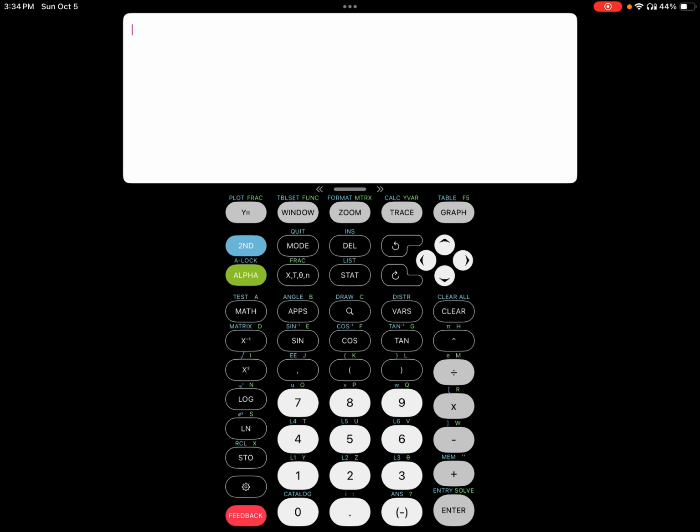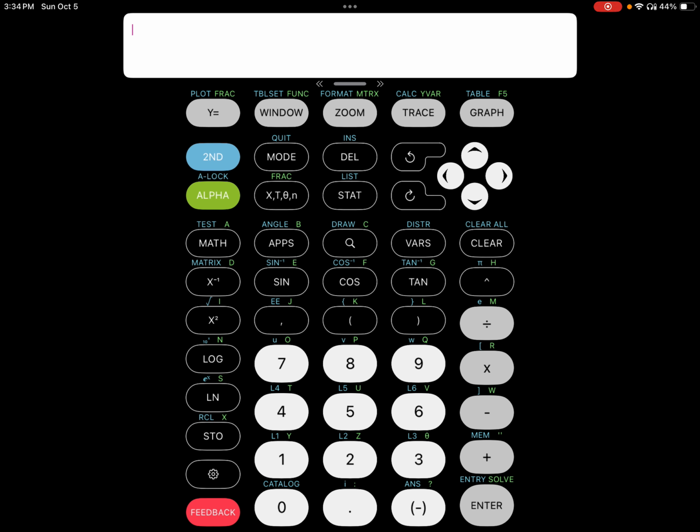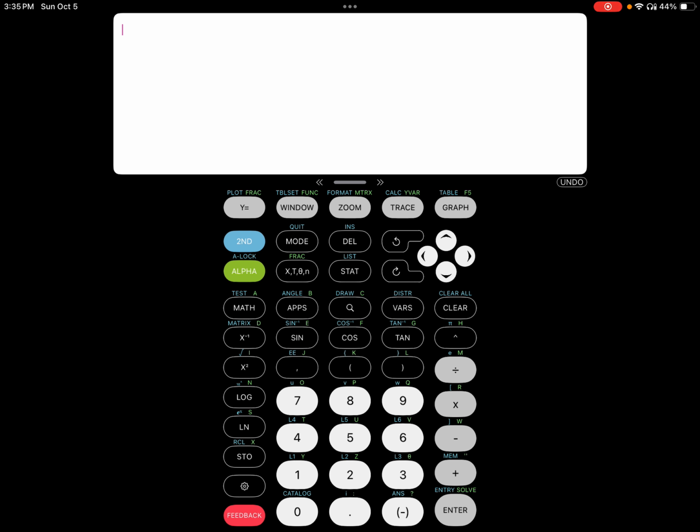Your inverse functions are the blue ones above the regular sine, cosine, tangent. So to do inverse sine, for example, you would do second sine and then type in the value. Our first example was inverse cosine of 0. So I do second cosine, 0, enter. That gives me 90. Then I can turn that into radians by looking at my unit circle or converting it. You multiply by pi over 180.